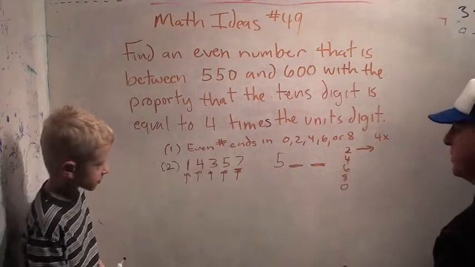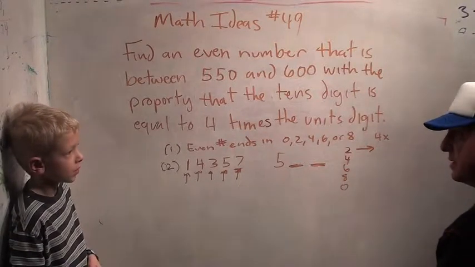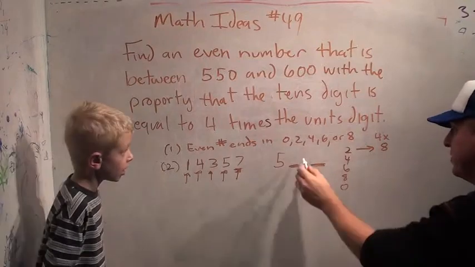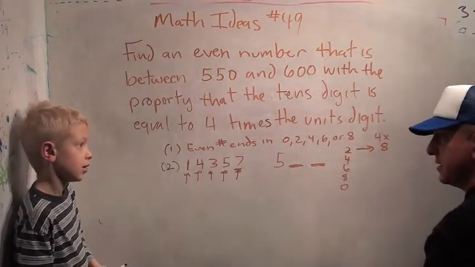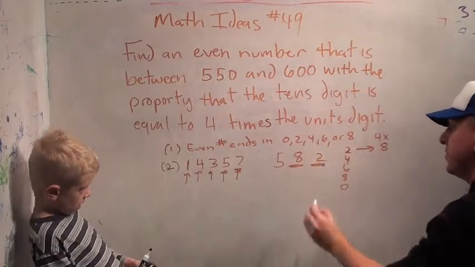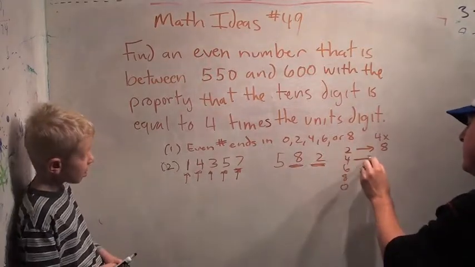4 times 2 is 8. Okay, great. Can 8 be a digit? Yeah, so in this case we might have 582. Okay. What if it was 4?